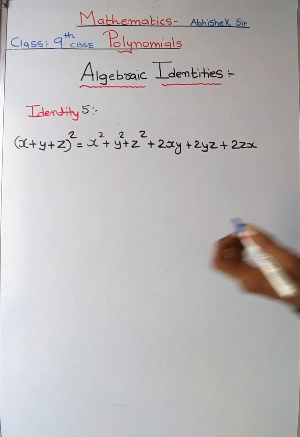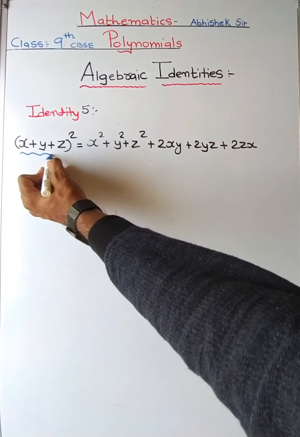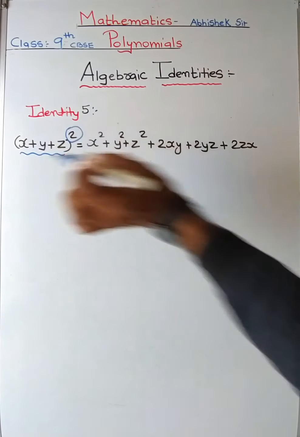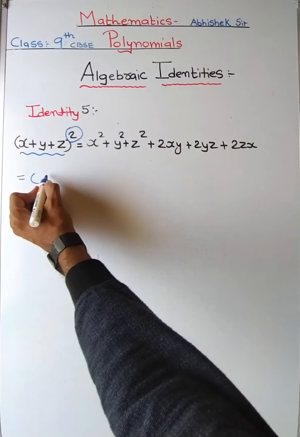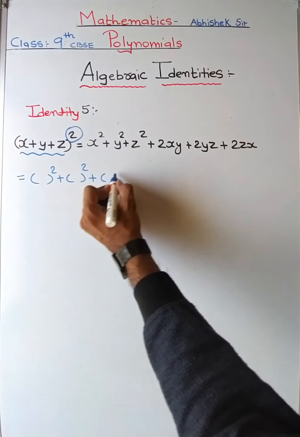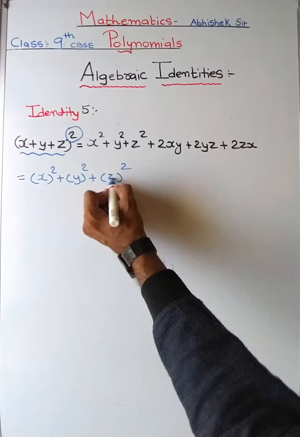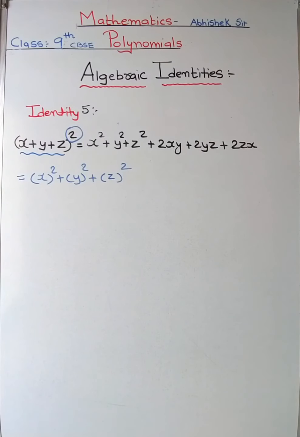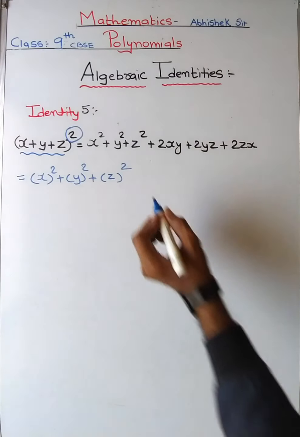Now, in quick, I'll make you understand how to do this. Here we have all the three terms and whole square. So the first three terms will be the squares of all three terms, right? So x square, y square and z square. Clear? Now about the next three terms. The next three terms will be the product terms.